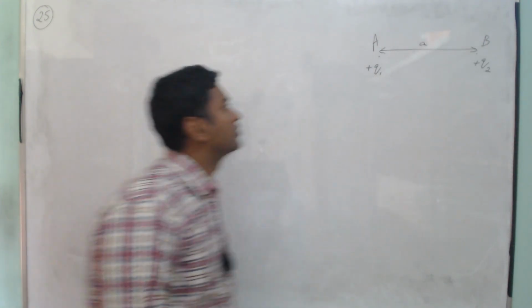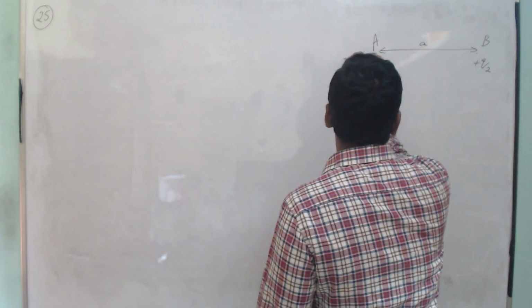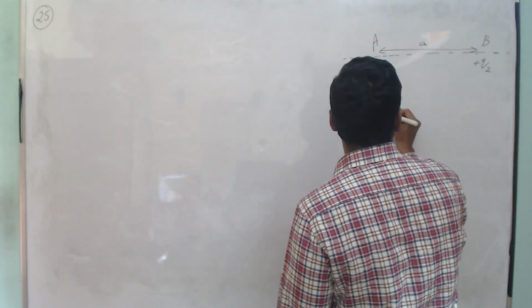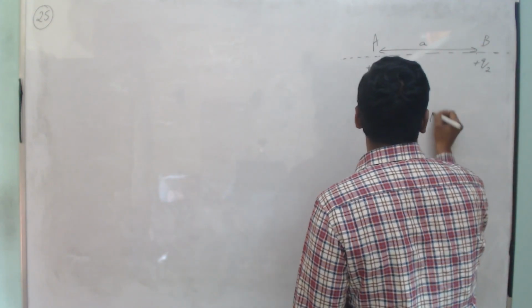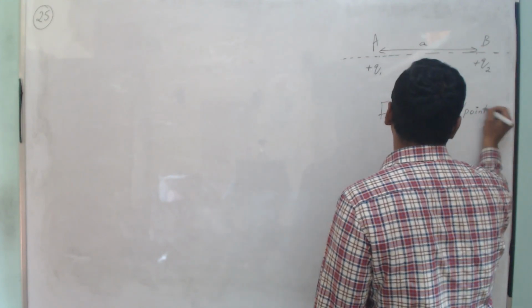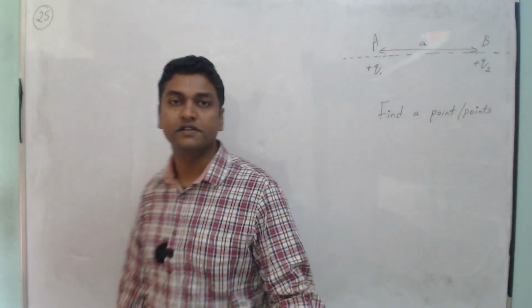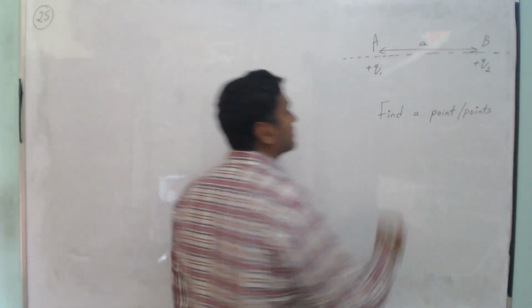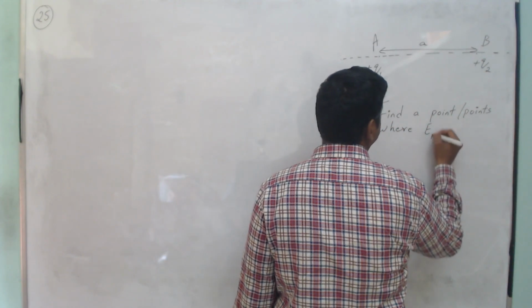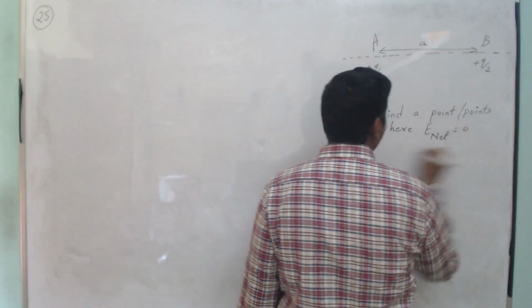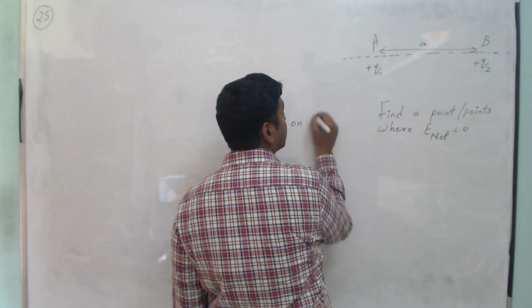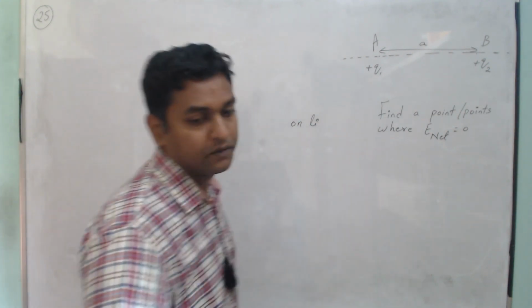Now, the question is: find a point or points where the net electric field is zero, and we need to find these points on the extended line AB.